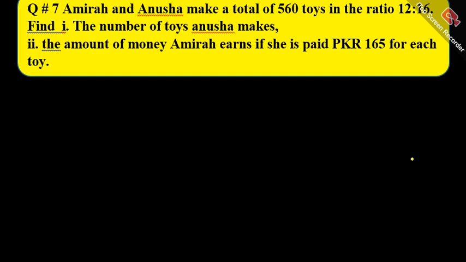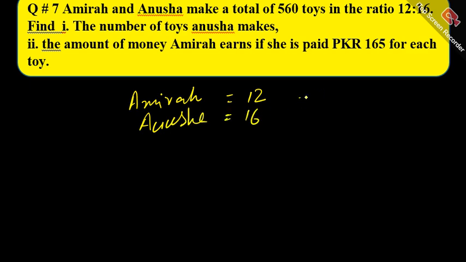Amira and Anusha make a total of 560 toys in the ratio of 12 and 16. So what is the ratio between them? I will not draw boxes here because 12 and 16 is too much and takes some time. So Amira's ratio is 12 and Anusha's ratio is 16.